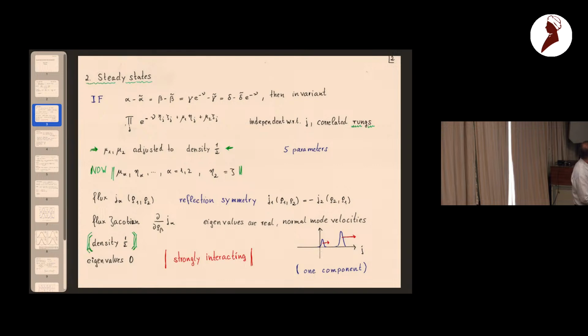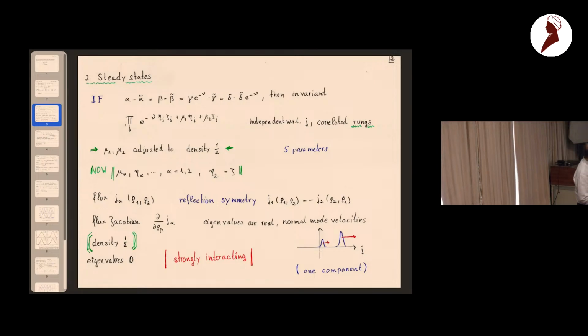Okay? And later on, we will actually adjust these chemical potentials in such a way that you have half filling. So both lanes have a density 1/2. But this will come in a second. Anyway, so now I have three equations, so we are left with 5 parameters. Okay? All right.